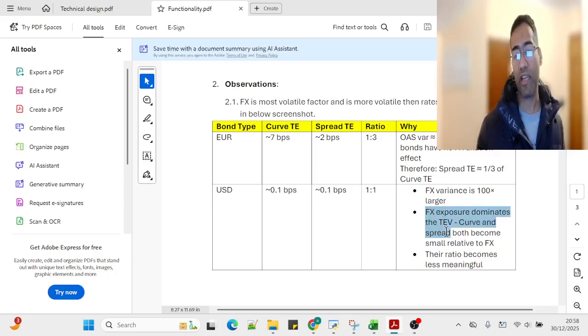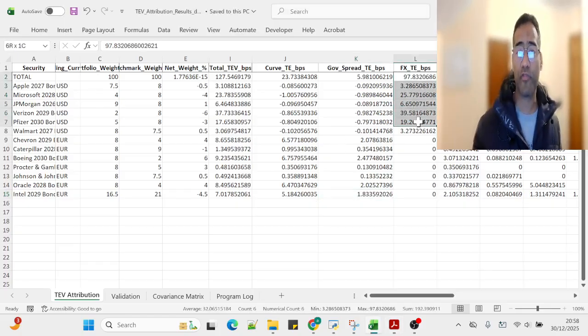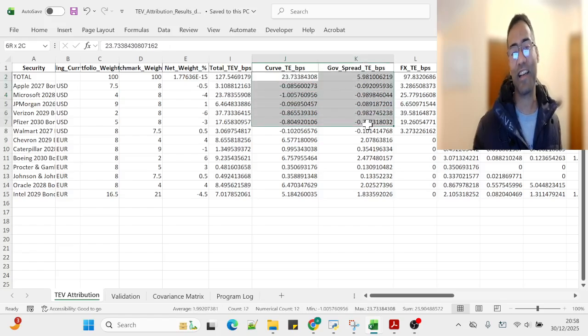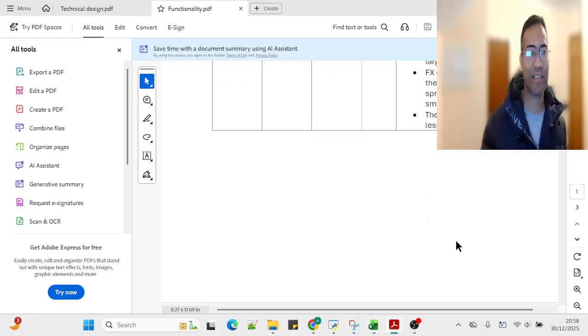So then FX becomes the dominant force. It suffocates the curve tracking error and the government tracking; they become irrelevant. FX becomes the supreme force when it comes in.